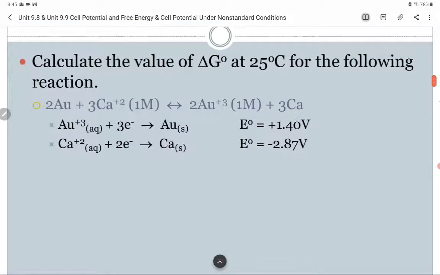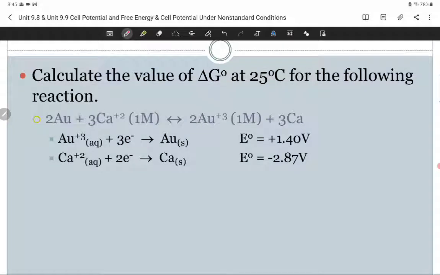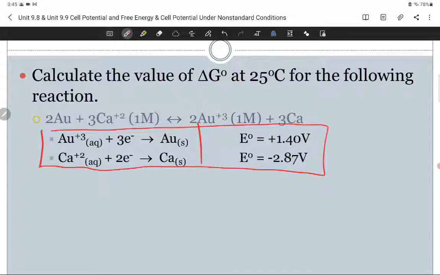So let's jump into a question. Before we go too far, if you were going to take these two half reactions and join them together to make a full reaction, you need to multiply this half reaction by 2, and you need to multiply this half reaction by 3 to be able to get that to show up in a balanced chemical equation with no electrons.